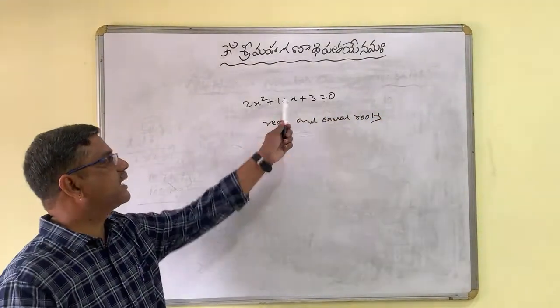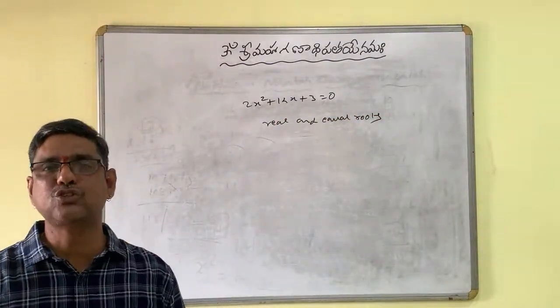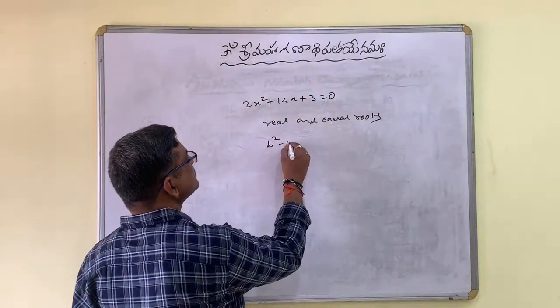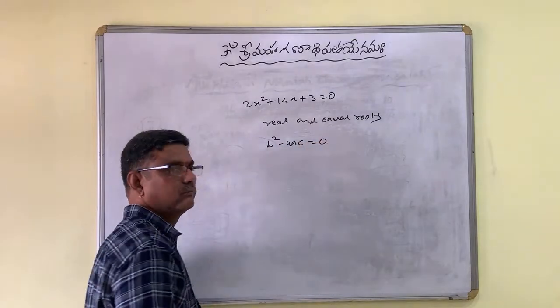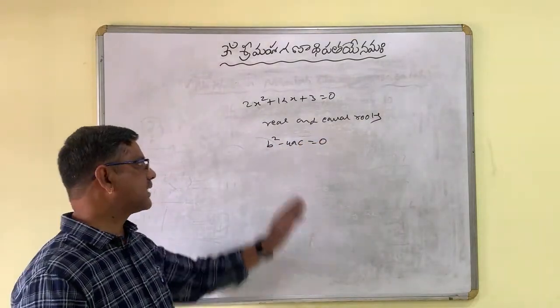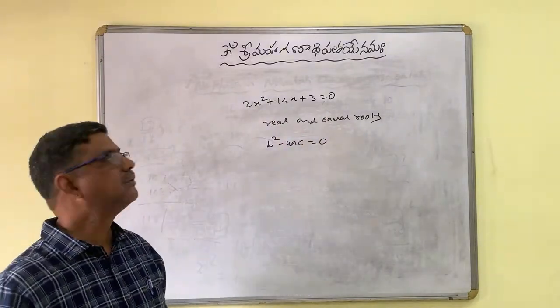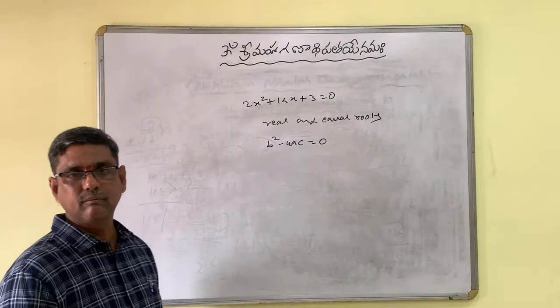It is given. That means b square minus 4ac is 0. Since the given equation is having real and equal roots, b square minus 4ac is 0. We need to find out k value.